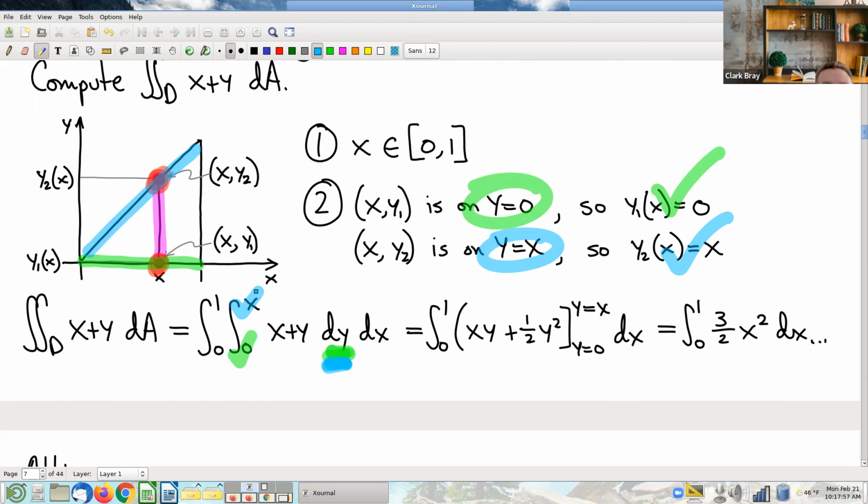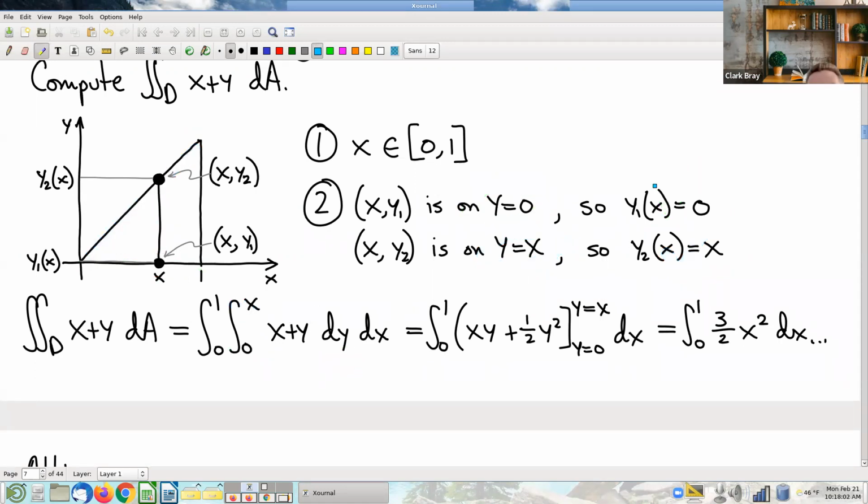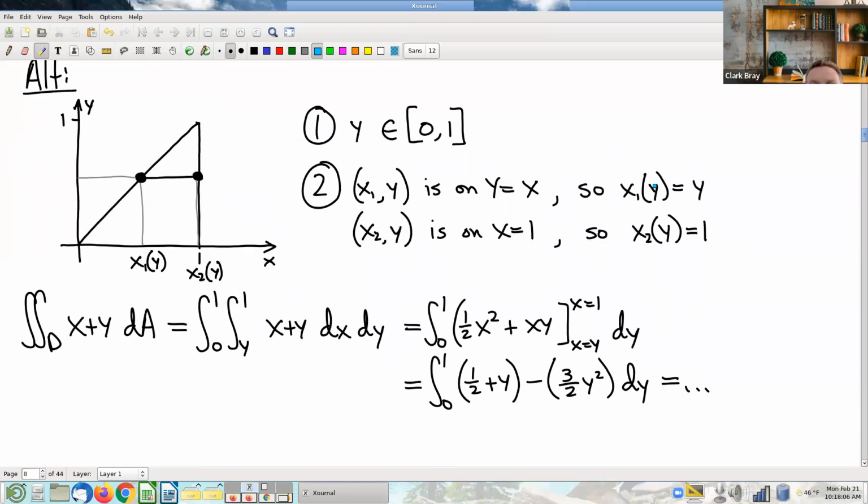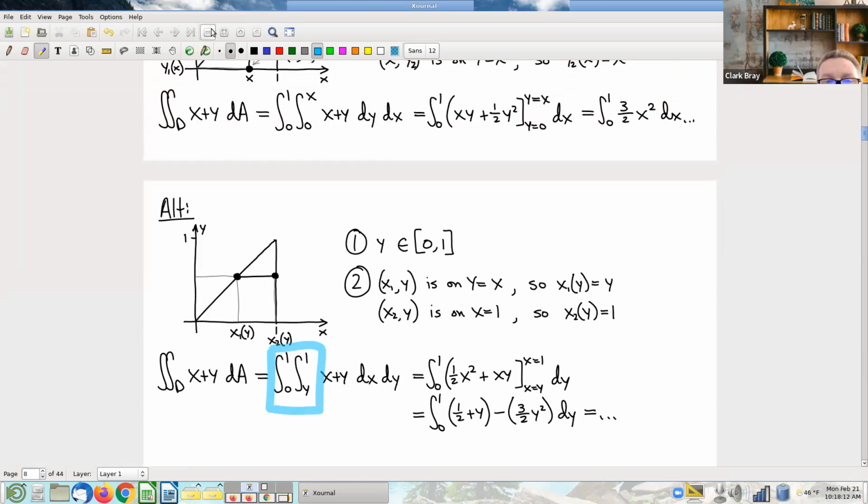Things change a little bit, you'll notice, when we slice the other way. Not dramatically, but they do change a little bit. And let me just go to the punchline, and that is, you will notice that these bounds and those bounds do not follow this rule, right? So remember, with rectangles, you can just do this.